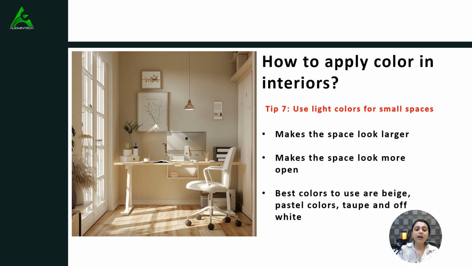When you use light colors, they reflect more light, so we feel like there is more light in the space. Even though here you can see it's just one window and a small light hanging here, just because of the colors, it feels more inviting, more open, and more comfortable. So this is how you can use this.